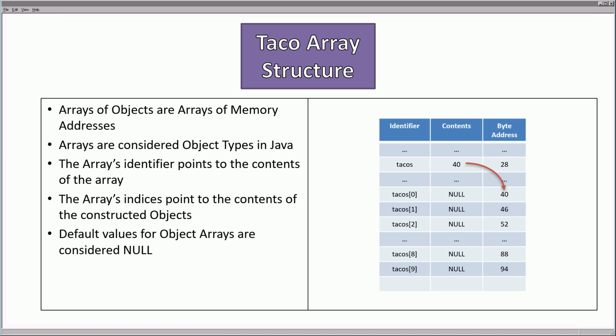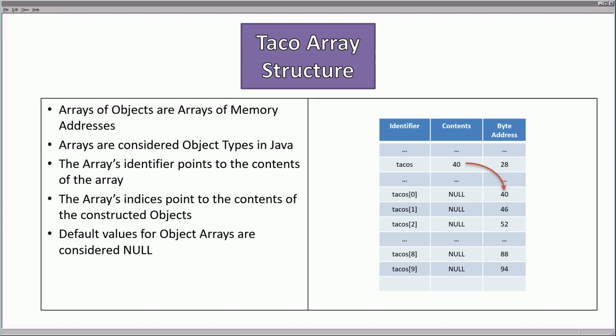Now this is also referenced by the array's identifier. So you have a reference that references a lot of other references. Now also, when you construct an array, Java assumes default values, and the default value for an object is always the memory address null.